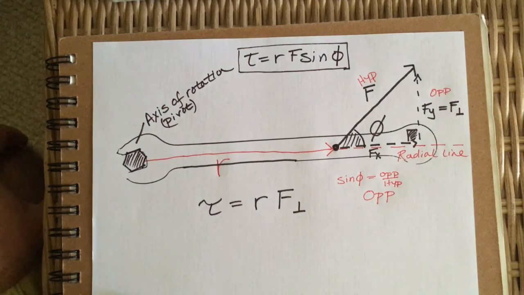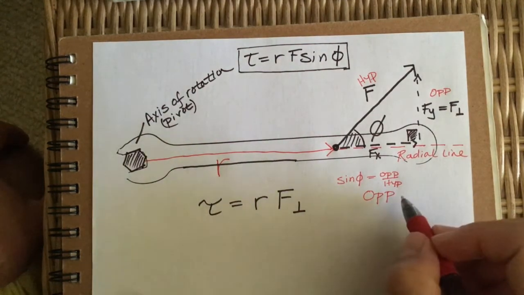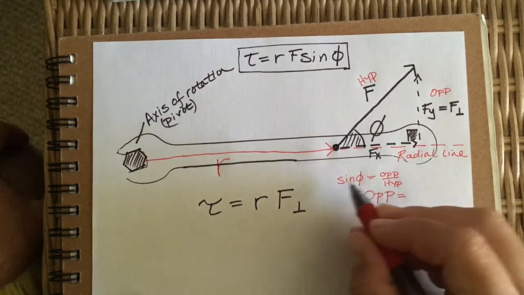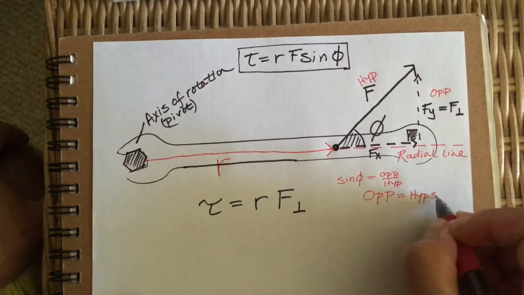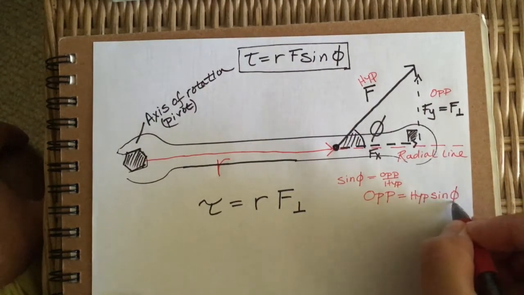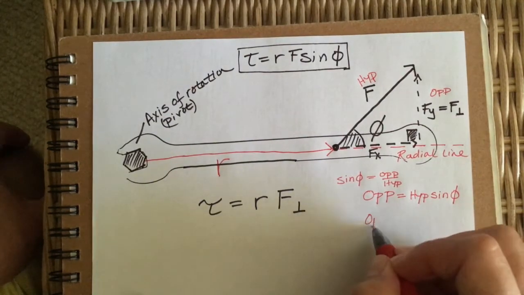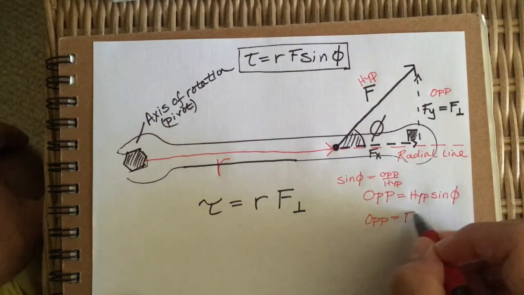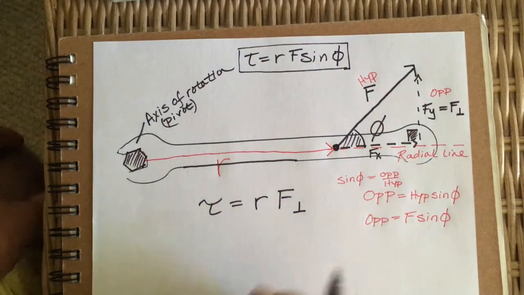And therefore, if we want to know what the opposite is, we just need to rearrange this to be opposite is equal to, multiply both sides by hypotenuse, sine phi. And we can take that a step further because we know that the opposite then is also equal to, the hypotenuse is F, F sine phi.